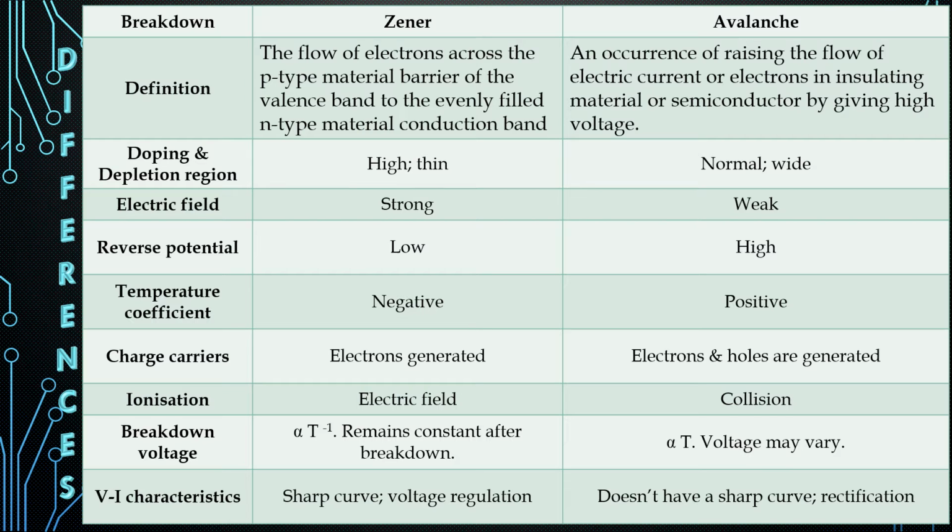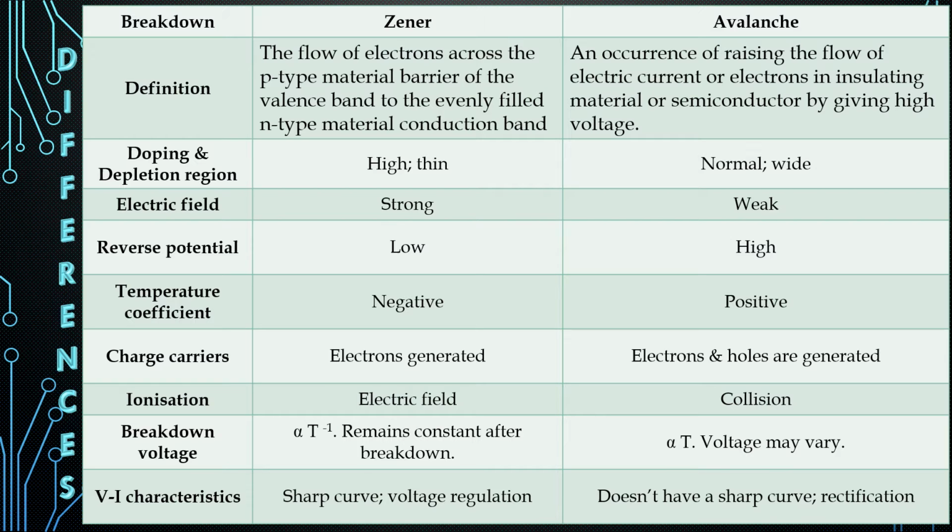The electric field applied is strong in the case of the Zener diode, whereas weak in the case of the avalanche breakdown. The reverse potential is low for the Zener breakdown and high for the avalanche breakdown. The temperature coefficient is negative for Zener breakdown and positive for the avalanche.